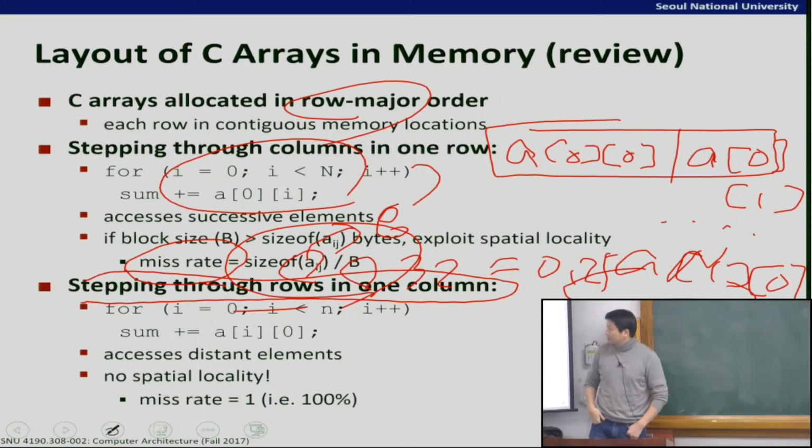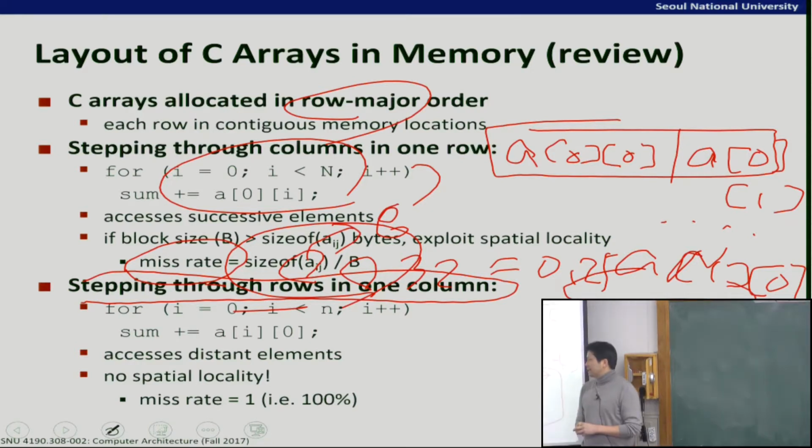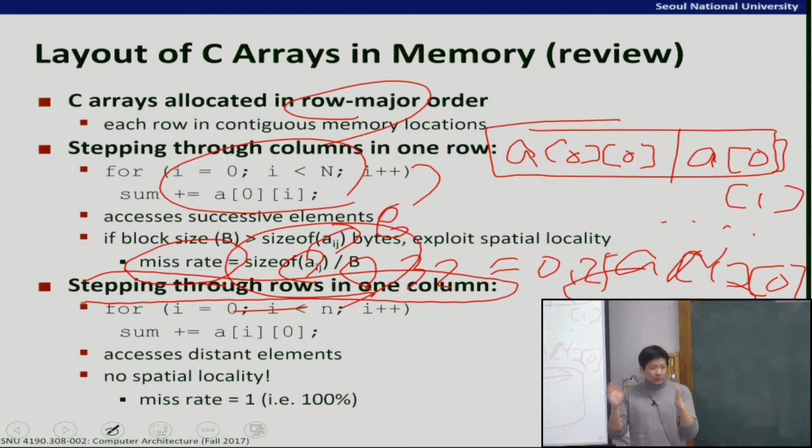Let's think about the access pattern. In the first access, we read A[0][0], and because of the cache miss, we read 4 doubles together into the cache.